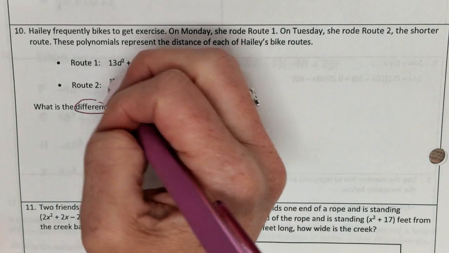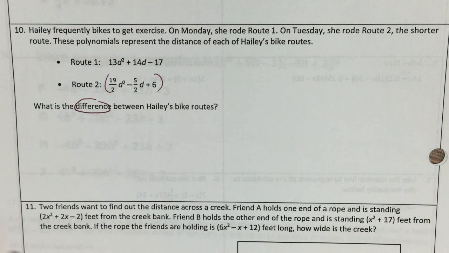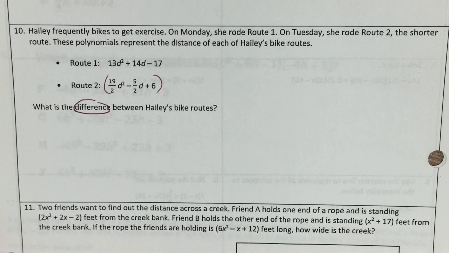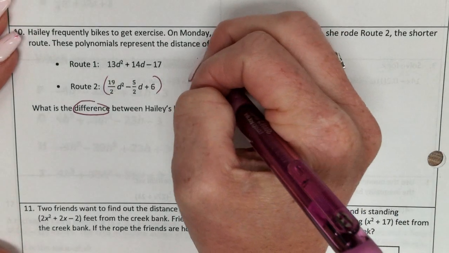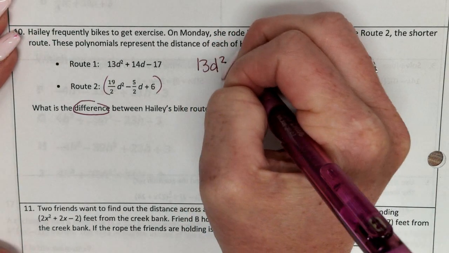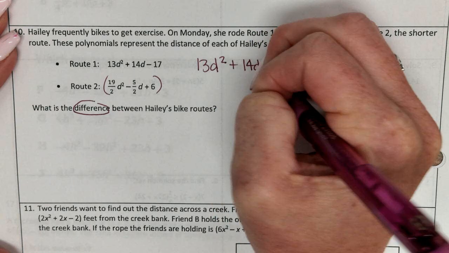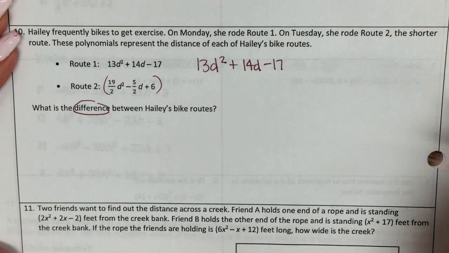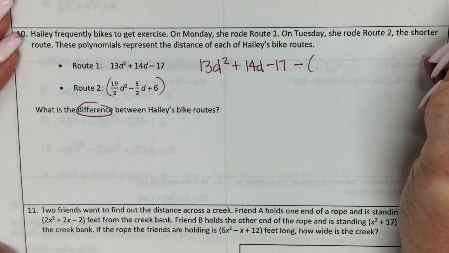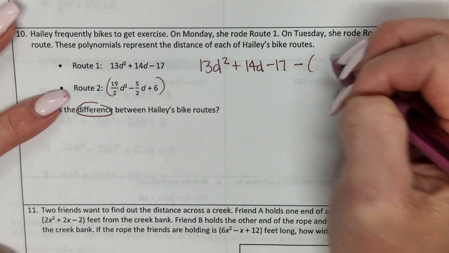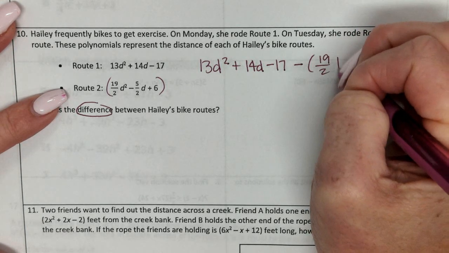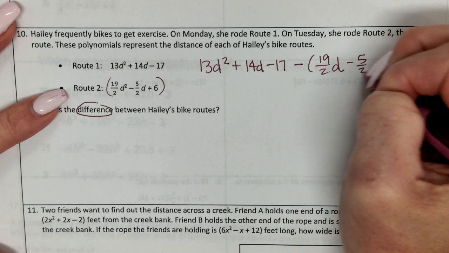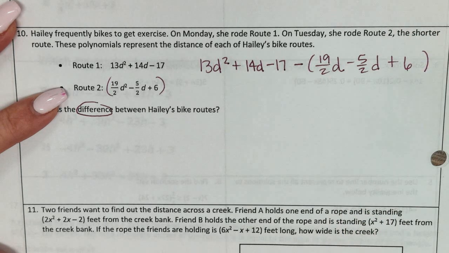So should I put this in parentheses? Yes. So I'm actually going to do 13d squared plus 14d minus 17, and then I'm going to subtract the entire polynomial for route 2. 19 halves d minus 5 halves d plus 6.